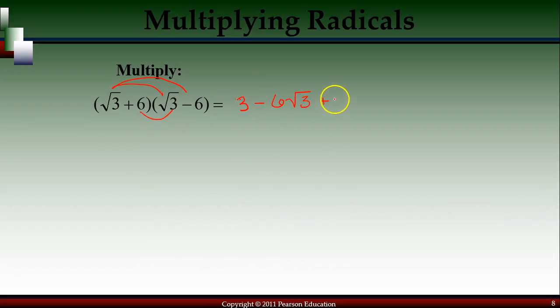And these two, 6 square root 3. And last, minus 36. Okay, we can combine these two together since they are like radicals and they actually cancel each other out. And this whole thing will give us negative 33. And that is our solution.